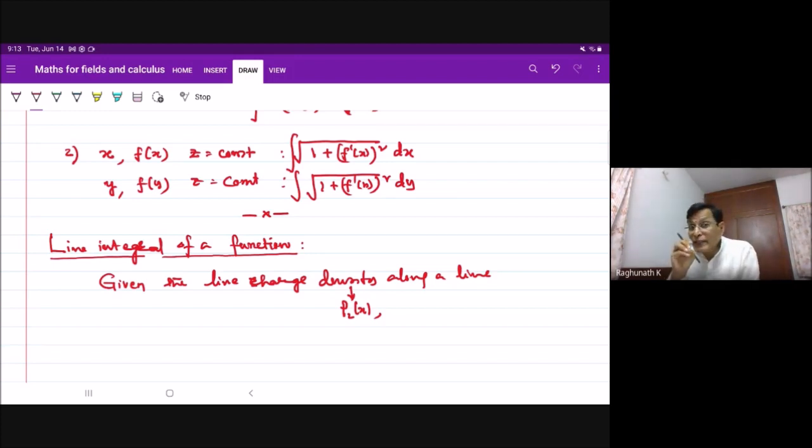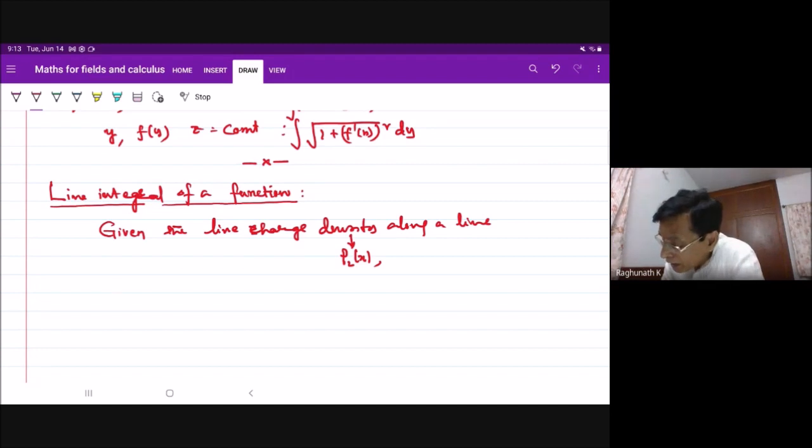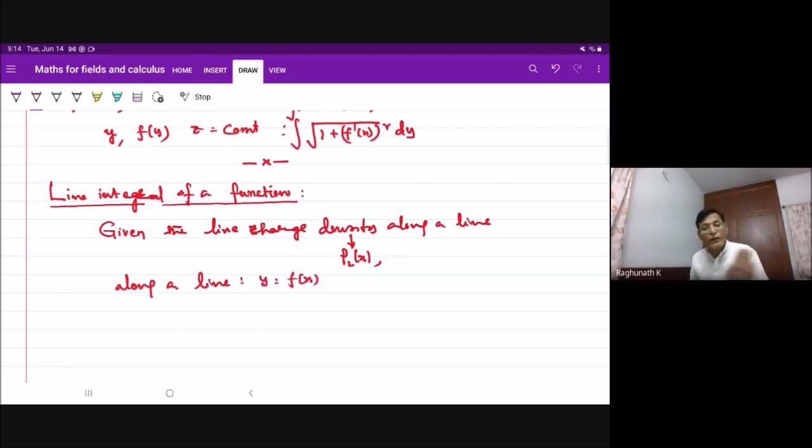If rho L of x is given along a line, y is equal to f of x. Everywhere x is the independent variable while taking the line charge density as well as defining the function. In this case, total charge Q on the line between the limits x1 to x2 is what?